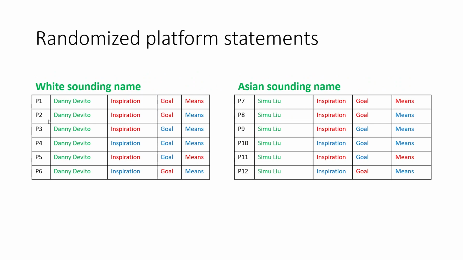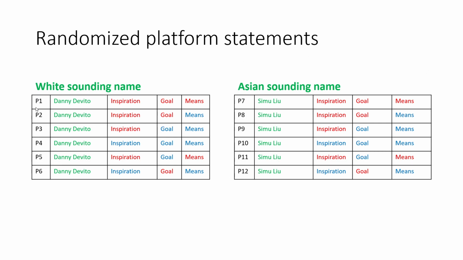What you'll notice here, in these two tables, is that each row in the table is a different participant. This left table is going to be all the participants in the white sounding name condition, and on the right side, all of the participants in the Asian sounding name condition.